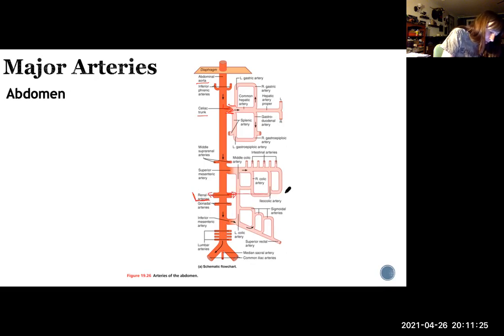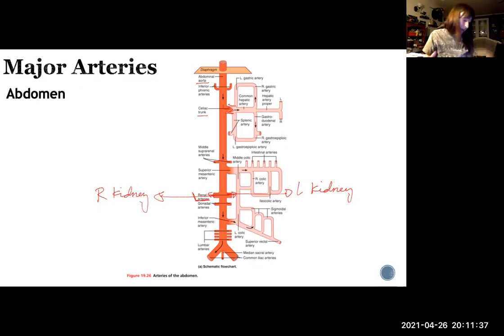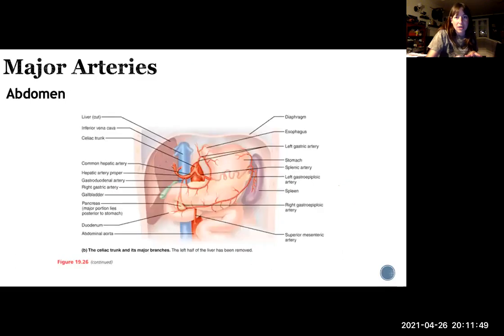These are going to go to your left and right kidneys. Super duper important, right? And then finally, as we get down, we will see the branching to the common iliac, going down into each leg. That's it, okay?